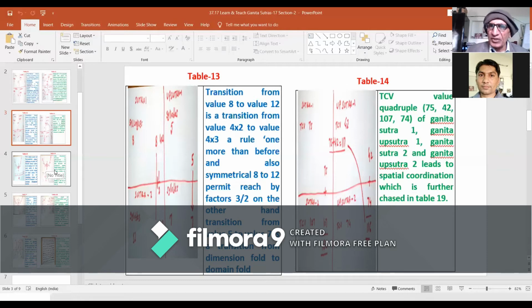Therefore, table 14 and table 19, when approached together, will bring us face to face with a set of 5 values: 4 values because of the TC values of these 4 hymns, Ganita Sutra 1, Ganita Sutra 2, Ganita Upsutra 1, Ganita Upsutra 2, and the 5th value will be because of the transcendental origin.